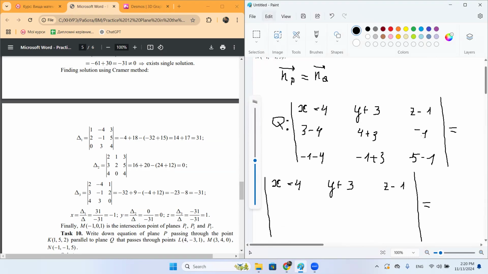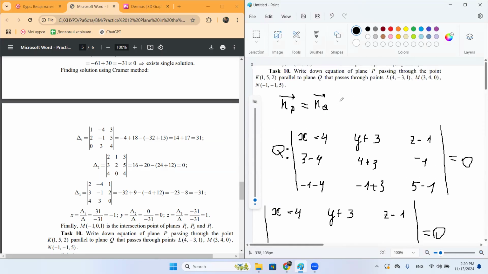Let's erase it. Not equal to 0, and this as well. But by the way, let's double check. So x minus 4, then 3 minus 4, minus 1 minus 4. Okay. y plus 3, 4 plus 3, minus 1 plus 3.